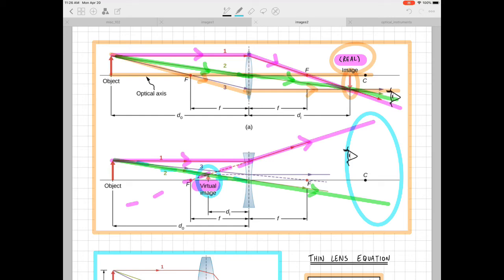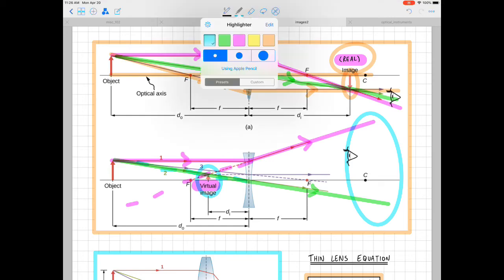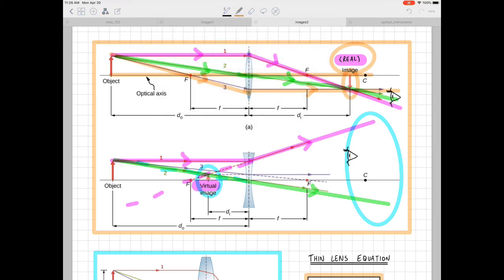And if we want, we can draw the third principal ray. The third principal ray is the ray that would pass through the far focal point if the lens wasn't there. So notice how I'm drawing that right there.